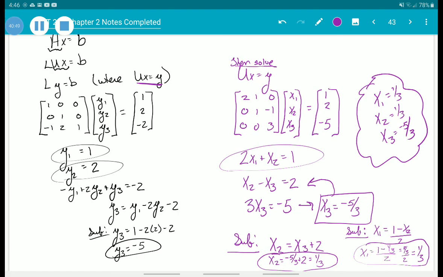Now notice we didn't have to deal with any fractions until we got to the very end. So imagine if we were programming something in the calculator. Maybe we had a bigger system, maybe 20 unknowns, which means we have to have 20 equations. And we were dealing with fractions like 1/3. And if we had to round those, and MATLAB will round, I don't think it rounds until like the 20th decimal place.